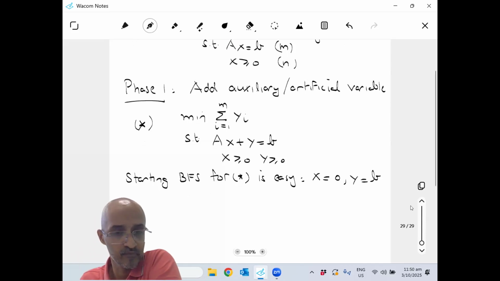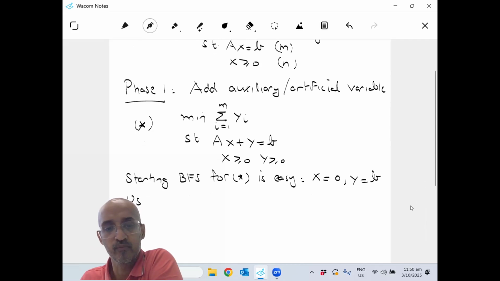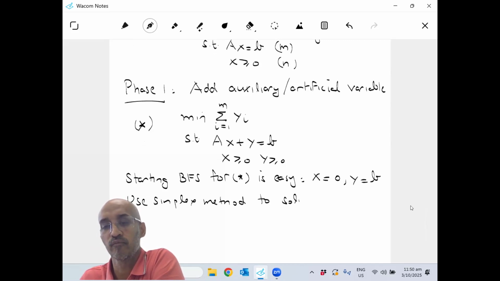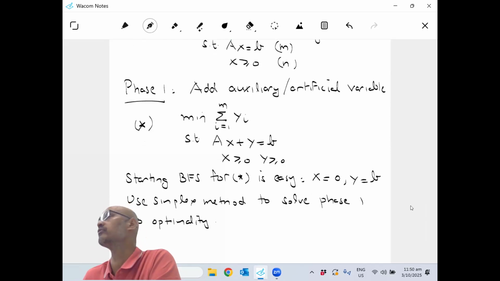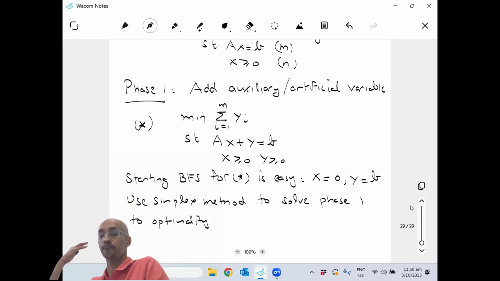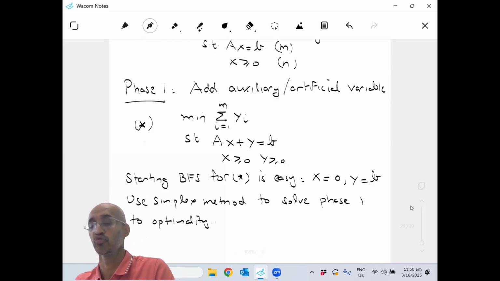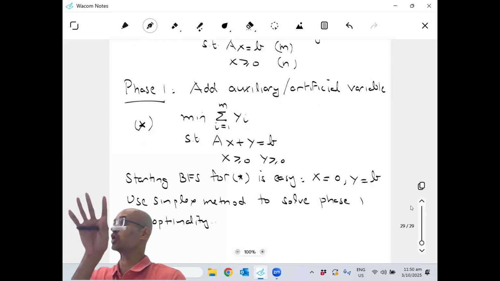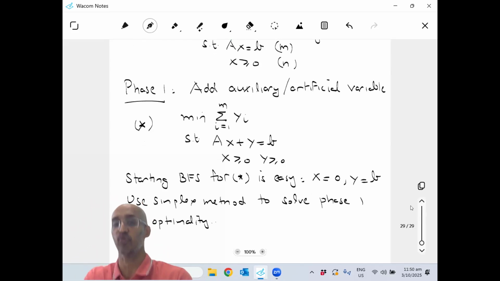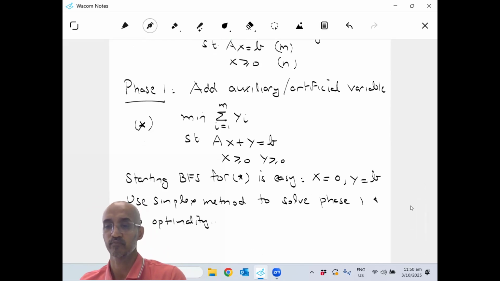So use the simplex method to solve phase 1 to optimality. You create the reduced costs, check they are non-negative, and you solve it to optimality. And check what the optimal solution for this star LP is.